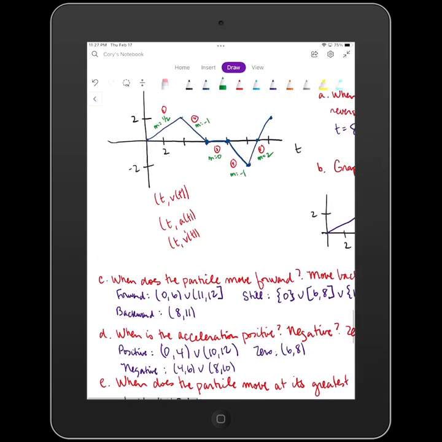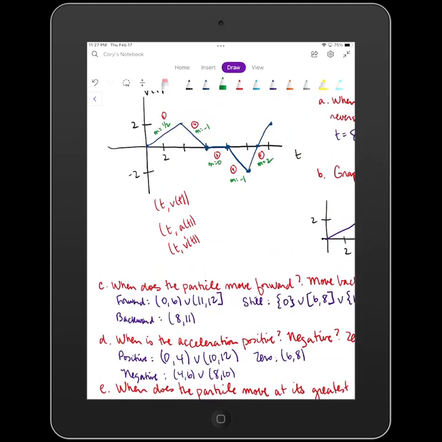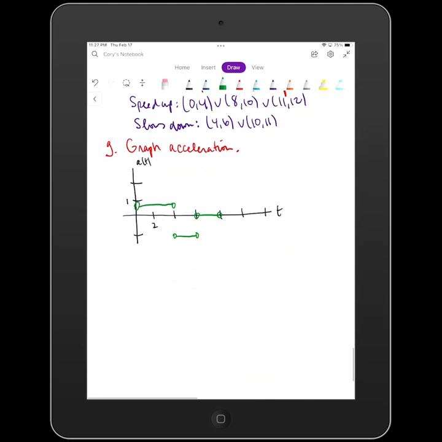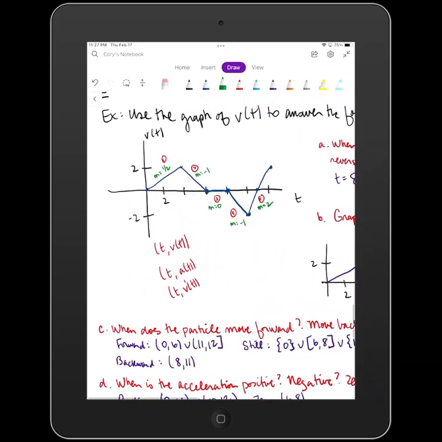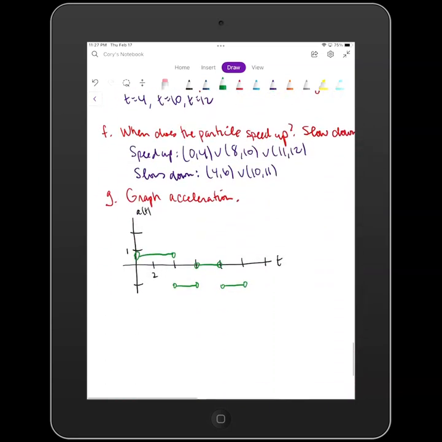Between the t-values of 8 and 10, the slope is -1. So between 8 and 10, the y-coordinates on the graph of acceleration are -1. And then between the t-values of 10 and 12, the slope is 2. So between the t-values of 10 and 12, the y-coordinate is going to be 2. So we have to have an open dot at 10. At 12, it's your choice whether you use an open dot or a closed dot. I'm just using an open dot at the two endpoints as well.